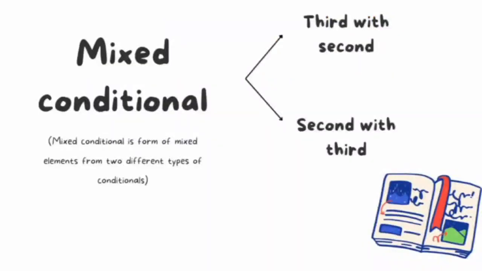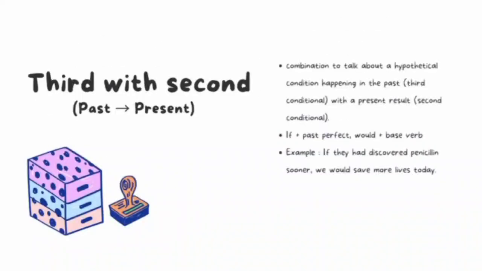Okay, now let's move to the last part, which is mixed conditional. Mixed conditional is a form of mixed elements from two different types of conditional, which is third with second and second with third. Now, the first type is third with second, which is a combination to talk about a hypothetical condition happening in the past, which is third conditional, with a present result, which is second conditional.